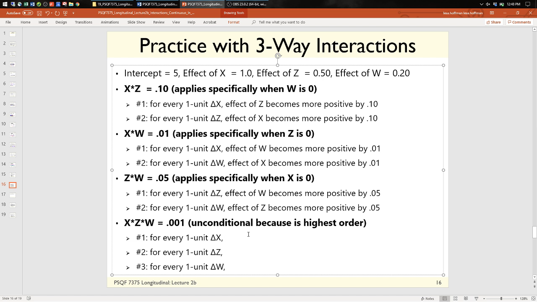For every 1 unit change in x, what happens? You want to do it? Would that be the interaction of z and w? Yep. Becomes more positive by 0.00. Yep, that's it. You got it.